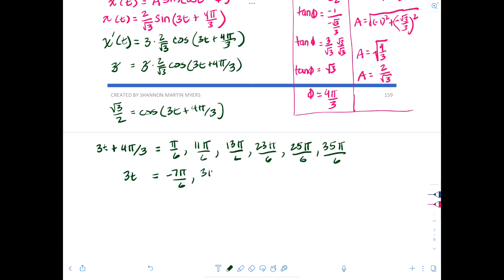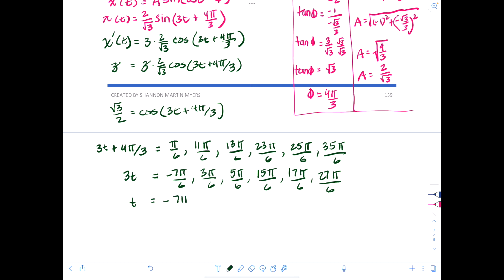And then we'll get 3 pi over 6, 5 pi over 6, 15 pi over 6, 17 pi over 6, and then 27 pi over 6. And I just subtracted 4 pi over 3, which is equivalent to 8 pi over 6 from each angle. Now we need to divide each one by 3 and simplify.